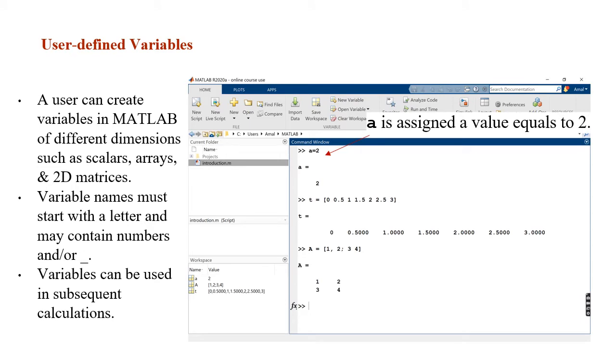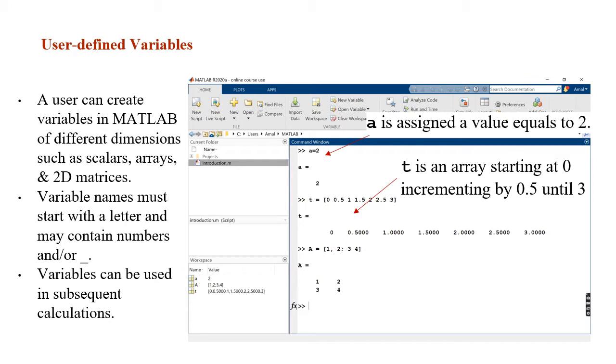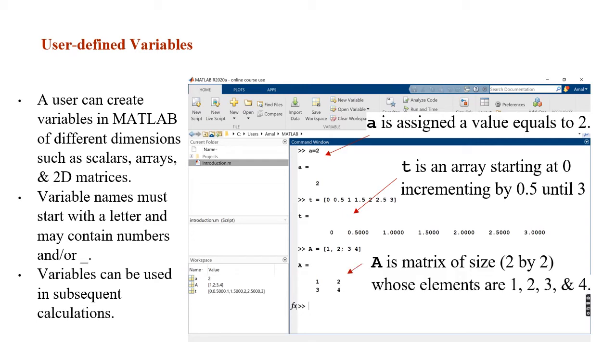It's just a scalar that's equal to 2. T here is an array starting at 0, incrementing by 0.5 until it reaches 3. A is a matrix of size 2 by 2, meaning it has 2 rows and 2 columns, and its elements are 1, 2, 3, and 4.